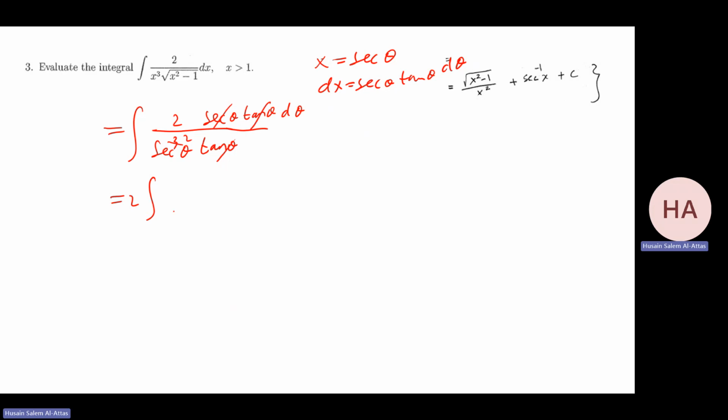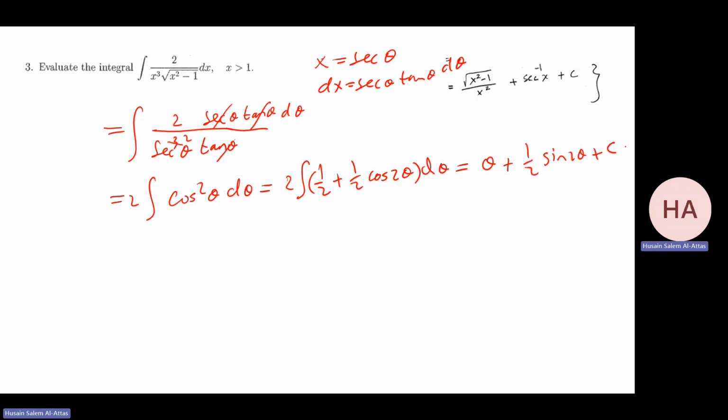I have cosine square theta d theta. That will be what? 2, I'm using this trick many times. Cosine 2 theta d theta. That will be theta plus 1 over 2 sine 2 theta plus c. So it will be theta plus sine theta cosine theta plus c.